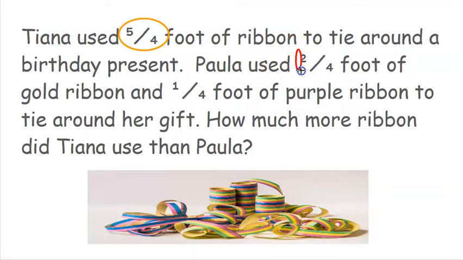Paula used 2/4 foot of gold ribbon, and she also used 1/4 foot of purple ribbon to tie around her gift. And I'm going to box that word "and" because that's a pretty important word. So Paula used 2/4 and 1/4.